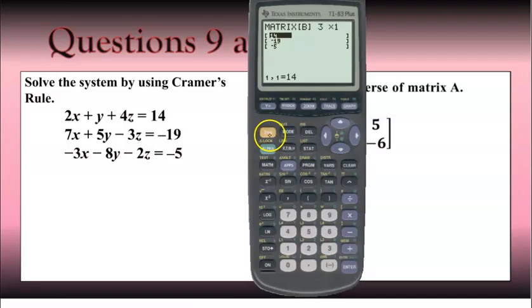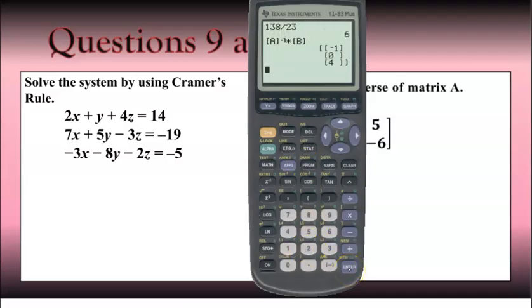So to get out of here, I'm going to hit second mode, and then I'm going to go back in here. So second inverse, and I'm going to choose matrix 1, and we've got to do the inverse. So I hit the inverse button, and we're going to multiply that by the second matrix, so second inverse, and matrix B, so number 2.